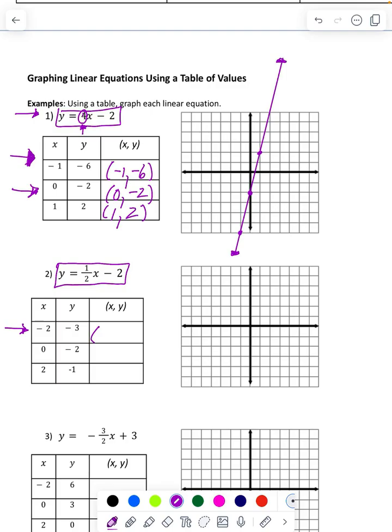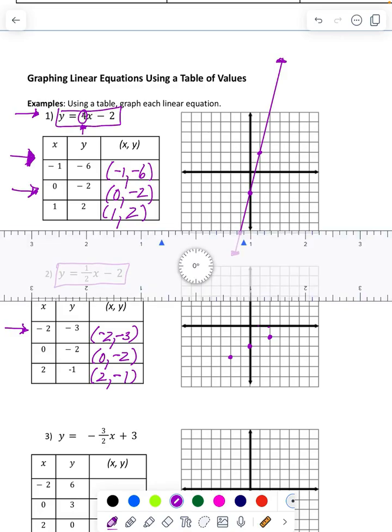So here my ordered pair is -2, -3, 0, -2. Again, that's a y-intercept. And 2, -1. All right, so let's graph them. -2, -3, 0, -2, and 2, -1. All right, wonderful.